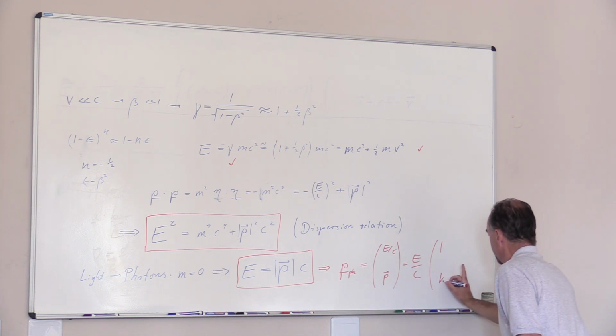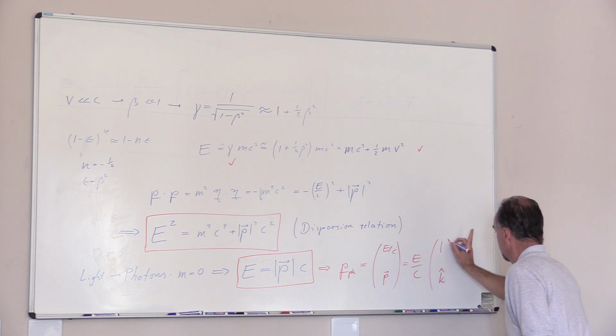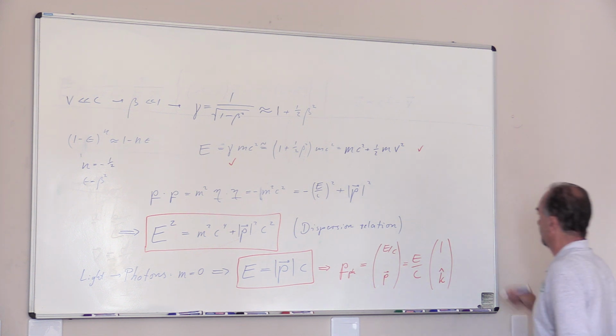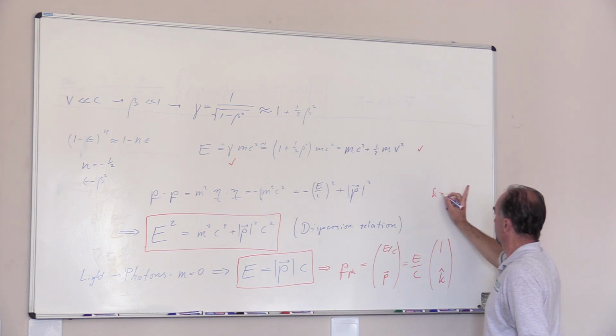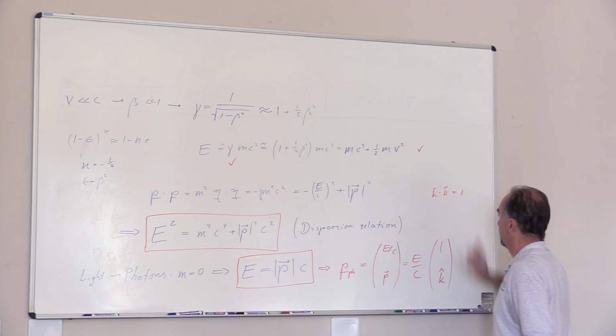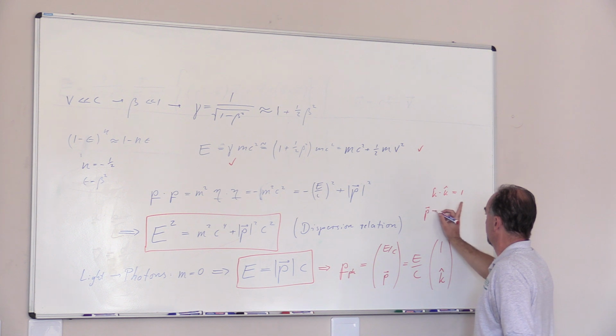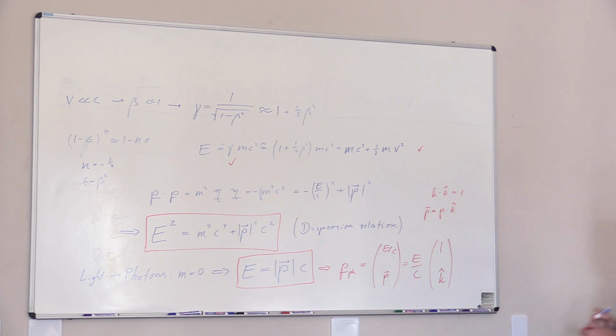So let's say we simply write this in terms of some unit vector in which the photon is propagating, right? With the definition of k dot k equals 1, it's a unit vector, and the 3-momentum just being in the k direction.